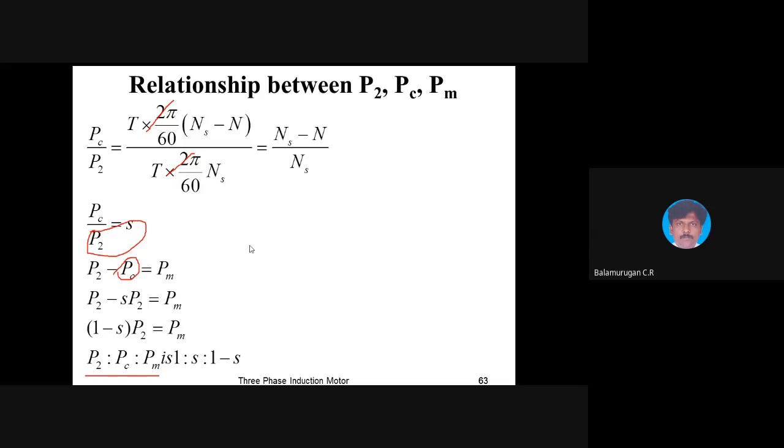So what is the final expression? You will get 1 is to 1 minus S is to S, that will be equal to P2 is to PM is to PCU. Are you clear? So this is the relationship between the rotor input, mechanical power, and copper loss.